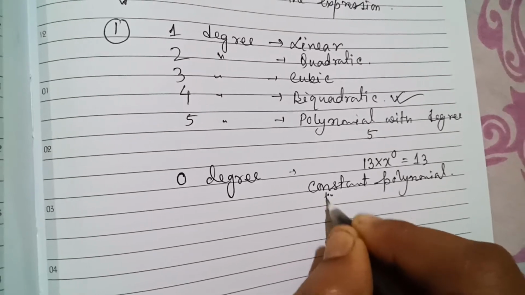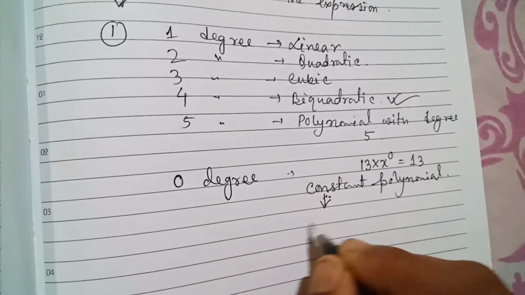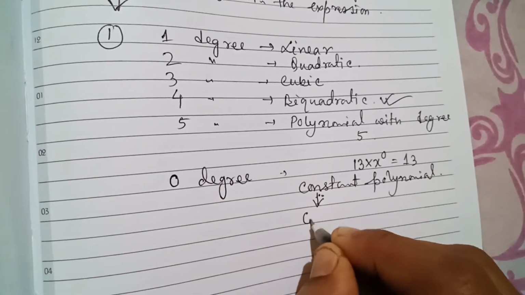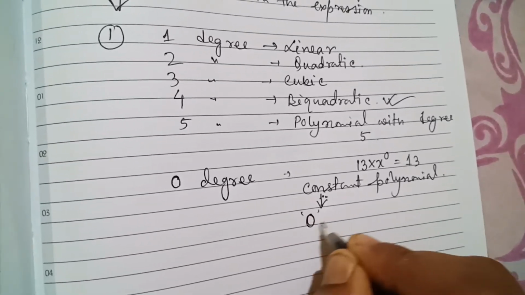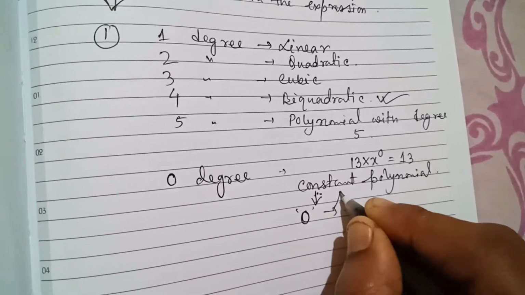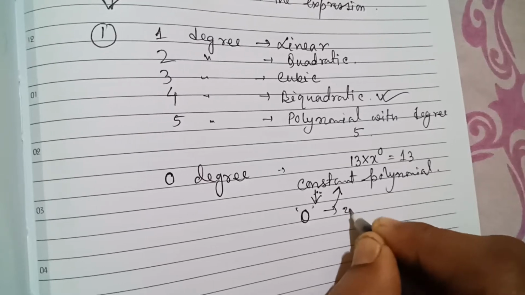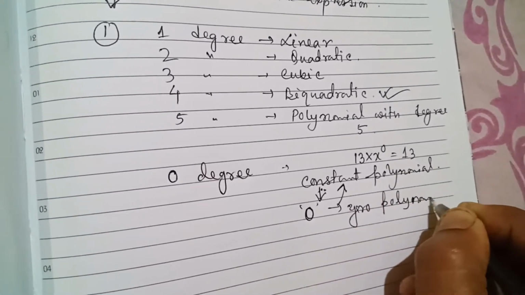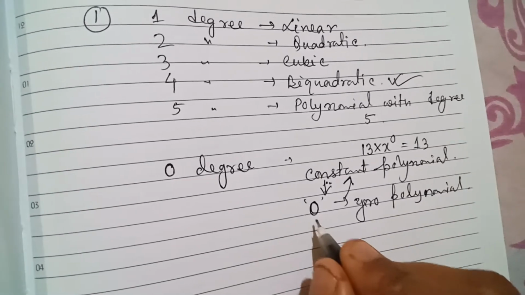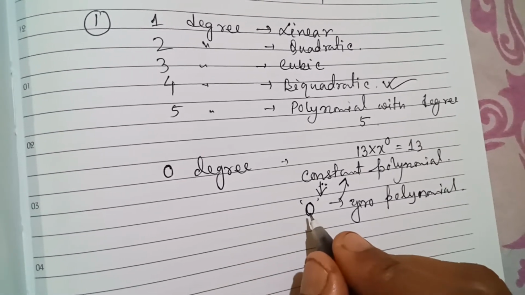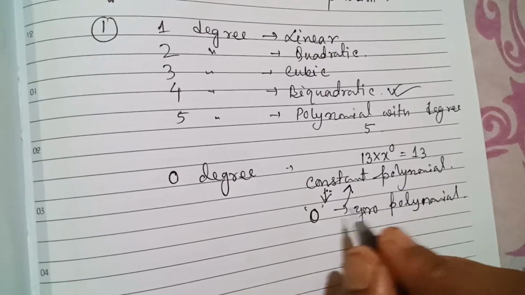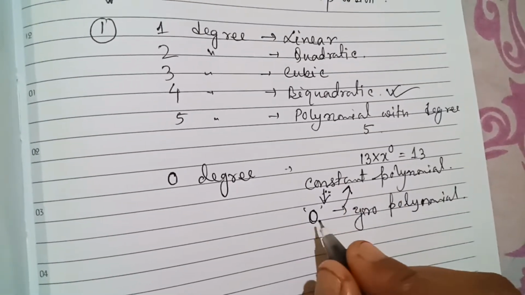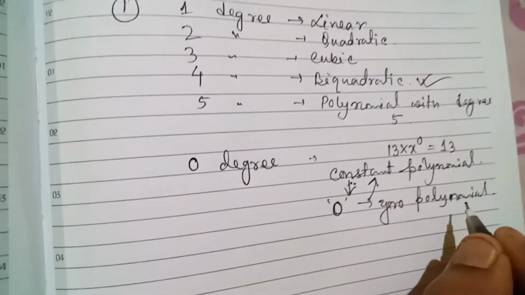So among constant polynomials, we can say that only the number 0, so 0 is also a constant polynomial, and its special name is 0 polynomial. If the number is only 0, then it is called the 0 polynomial. Obviously it is a constant polynomial, but its special name is 0 polynomial.